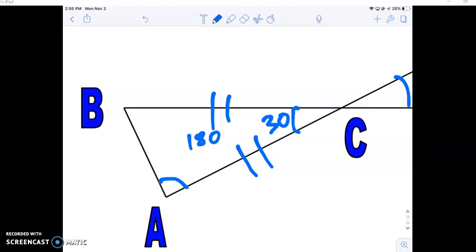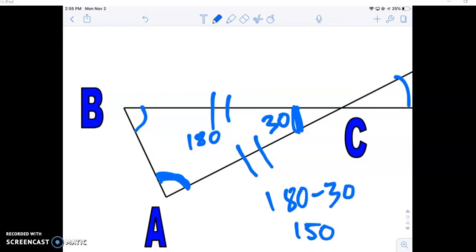If this angle is 30, then the other two angles added together with that 30 give us 180, so we go 180 minus 30, which gives us 150 between those two angles.